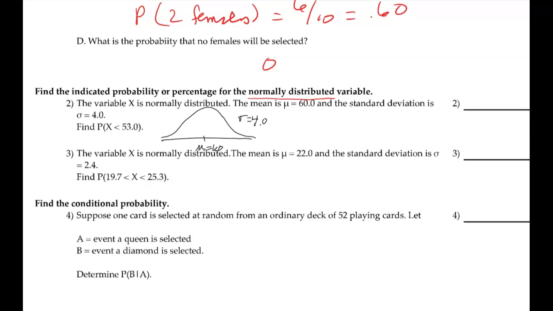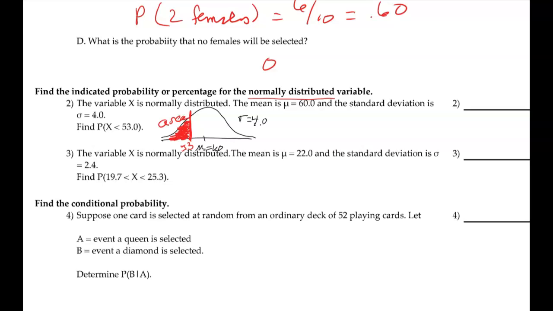Now, I want the probability that a number selected is less than 53. All right, so if 60 is there, 53 is going to be out here somewhere. And I want the probability that it's smaller. So that area under your normal curve is what gives you the probability. So you want this area from a 53.